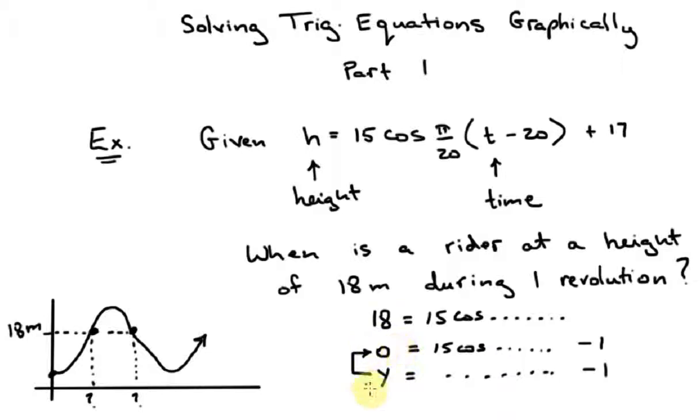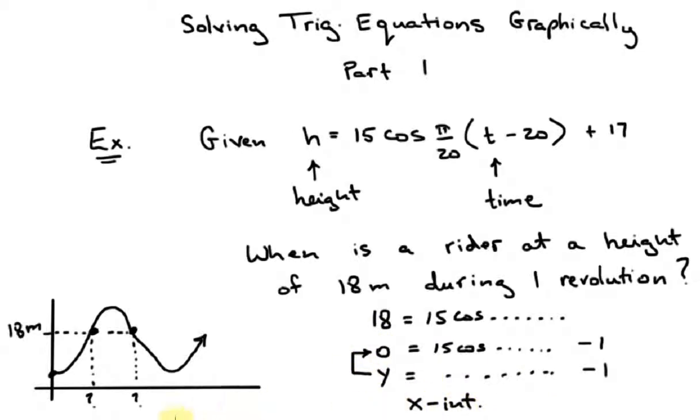That's what I'm after. And that really means I'm after the x-intercepts of the graph, because those are the points where the y value is 0. So I'm going to graph this function, and then find the x-intercepts.